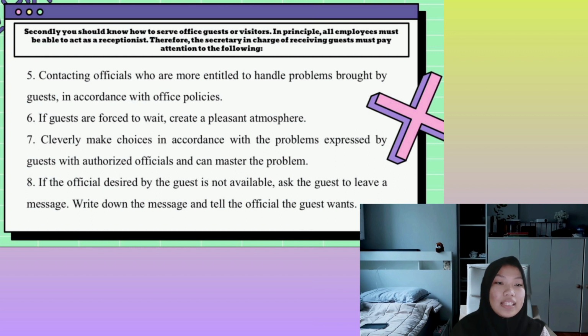Next, cleverly make choices in accordance with the problems expressed by guests with an official who has authority and can master the problem. And the last, if the official is desired but not available, ask the guest to leave a message, write down the message, and tell the official what the guest wants.